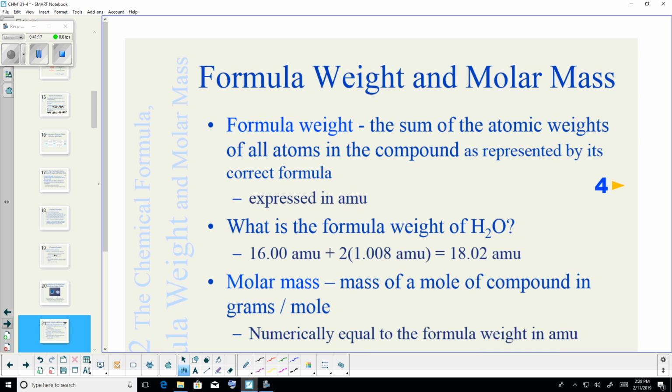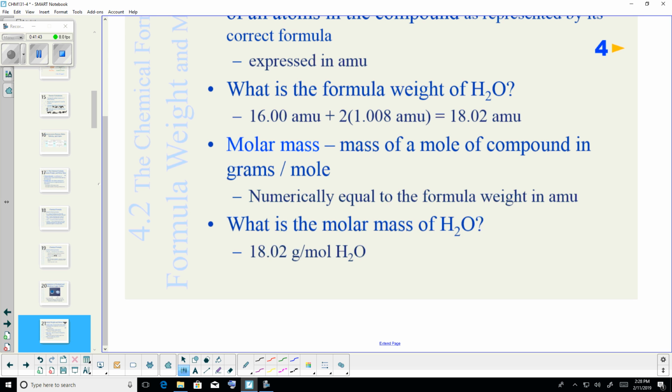So the formula weight is the sum of the atomic weights of all atoms in the compound, represented by its correct formula, expressed in AMU. So the formula weight of H2O is 16 plus 2 times 1.008, 18.02 AMU. That's the formula weight. The molar mass is the same number, but grams per mole, 18.02 grams per mole.